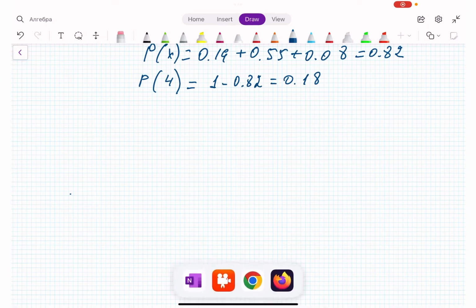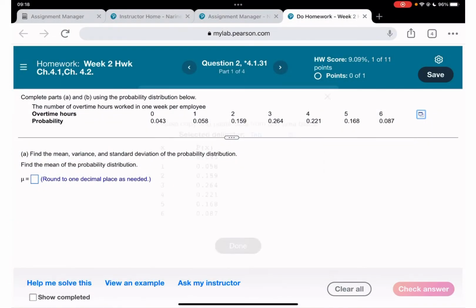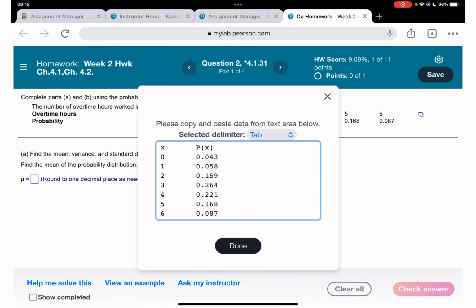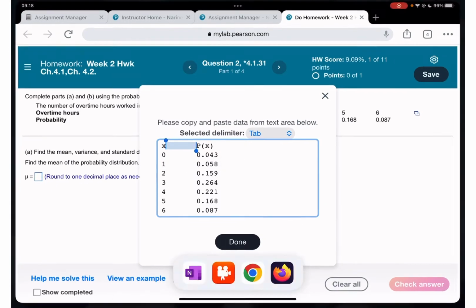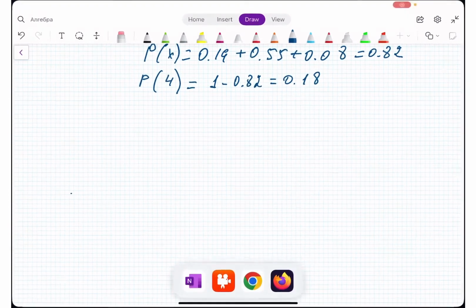Okay, it looks like it's not copying, that's fine.